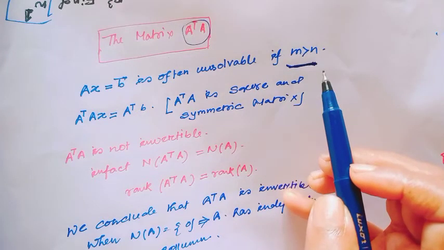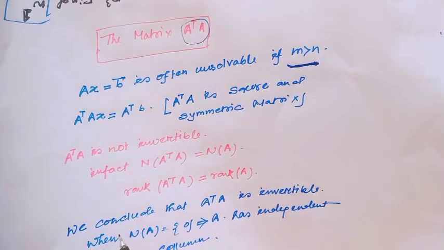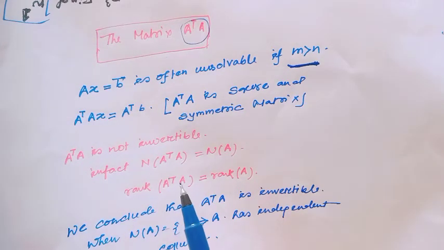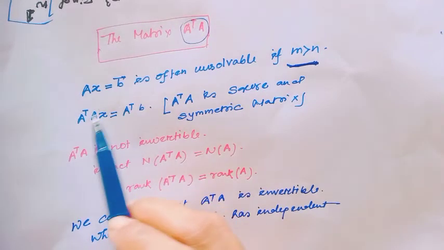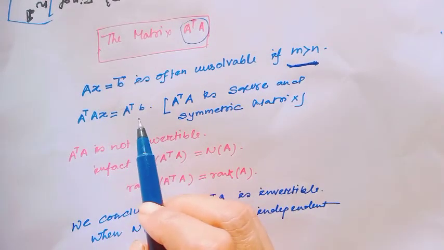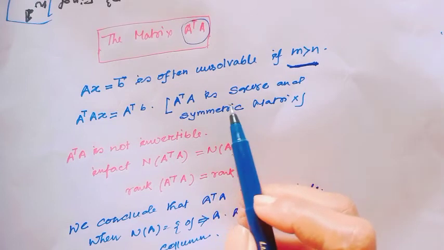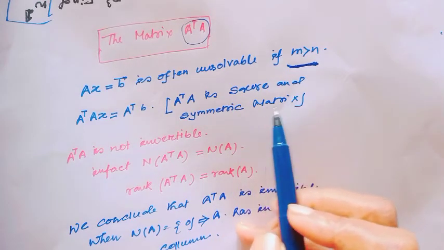That means if the number of equations is greater than the number of unknowns, then this system is unsolvable. Now multiply both sides by A transpose. Then A transpose A is a square and symmetric matrix.